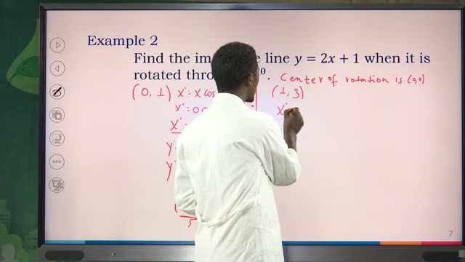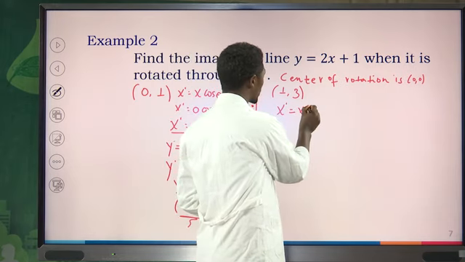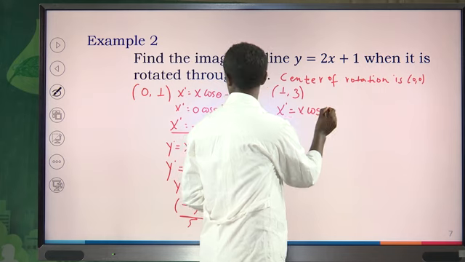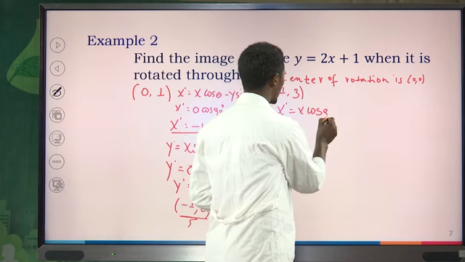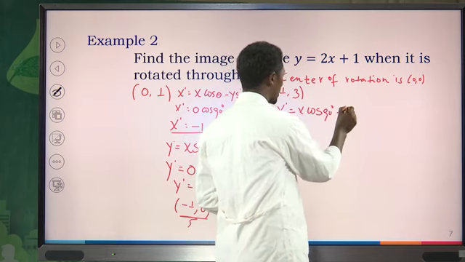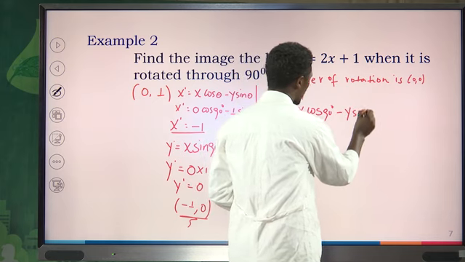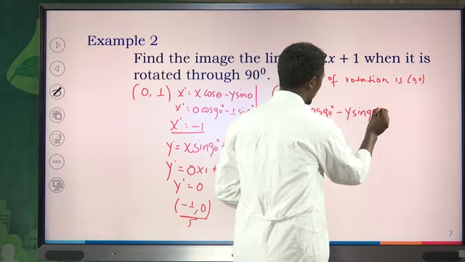So x prime equals x times cos 90 degrees minus y times sine of 90 degrees.